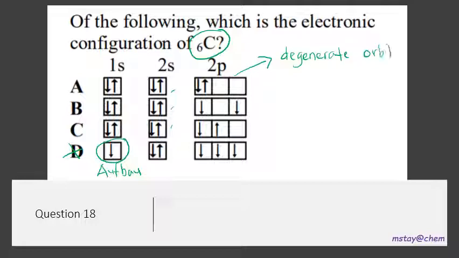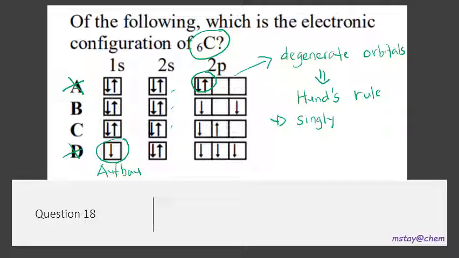If they are degenerate orbitals, we are going to follow Hund's rule. According to Hund's rule, the electrons have to be filled singly. So option A will be out as well because the electrons are not filled singly.